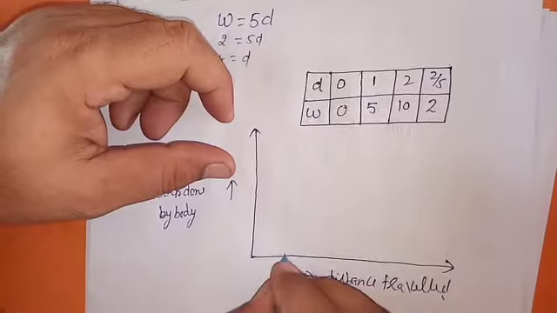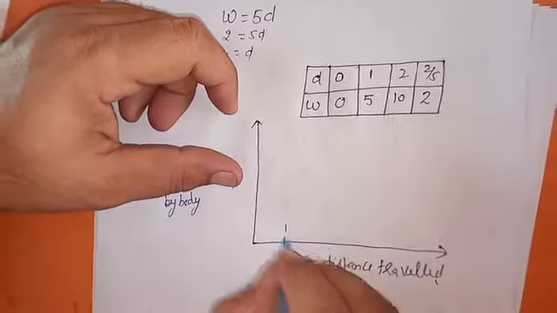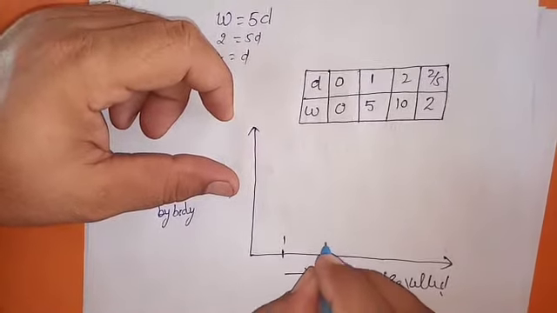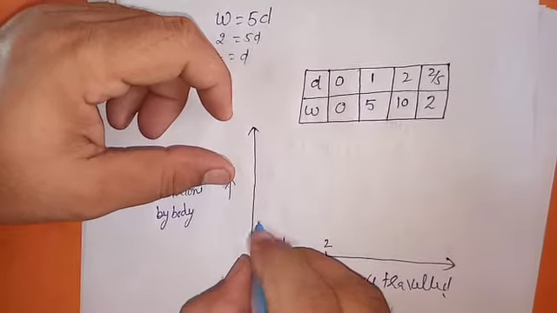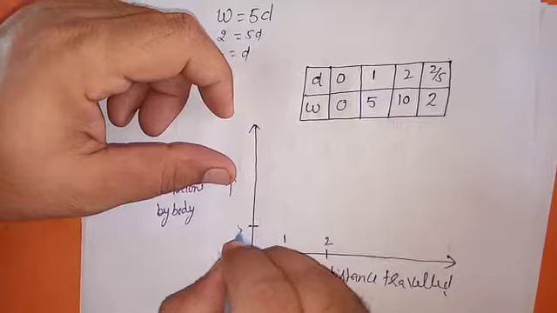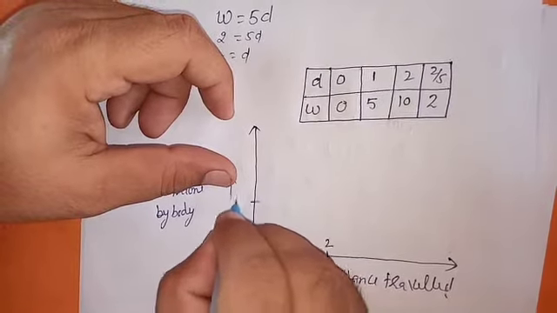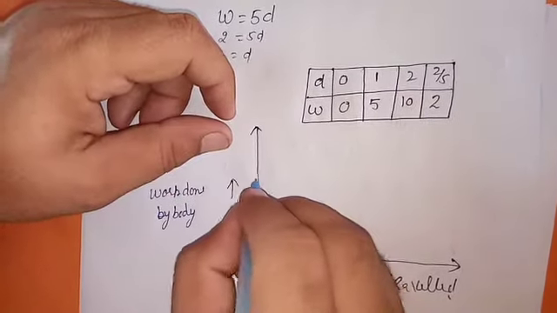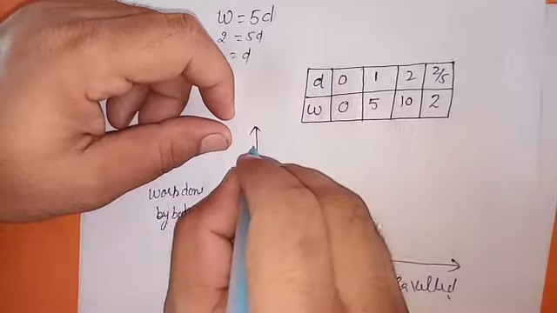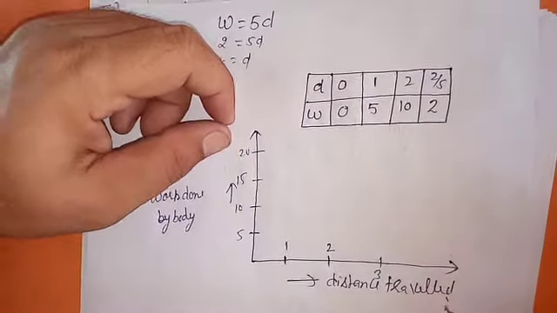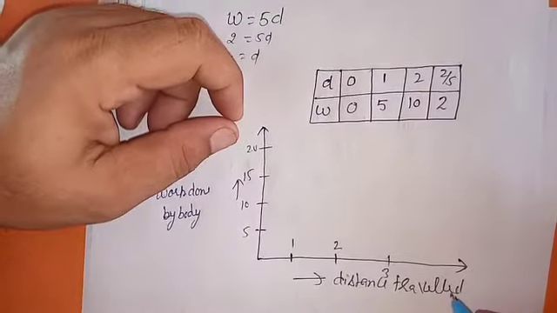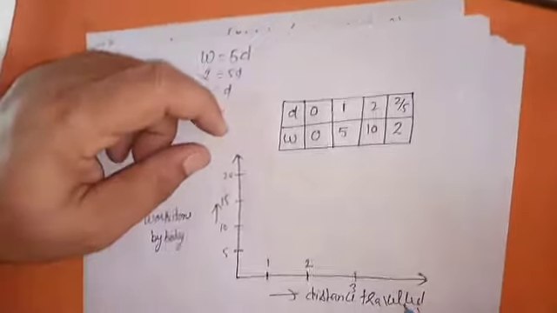So you can take this as 1, this as 2, and here this is 5, this is 10, this is 15, this is 20, and this is 3. So this is the graph of it.